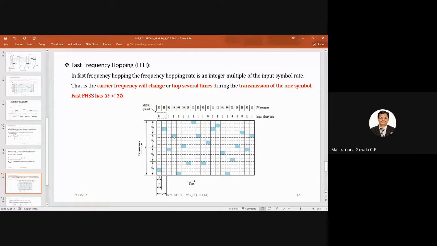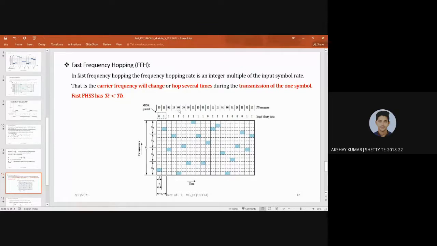In that FC2, this block, because the symbol is 1, 1. Understood this one? Yes, sir. Next symbol is 0, 0. For that, what are the hopping frequencies? I expect you people to answer. For this symbol 0, 0, what are the hopping frequencies?